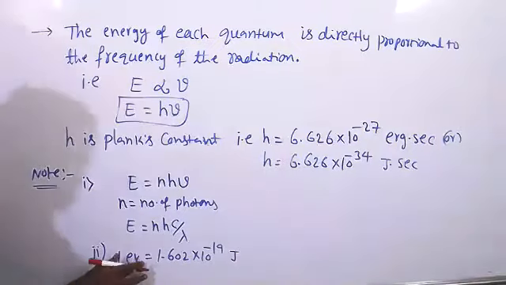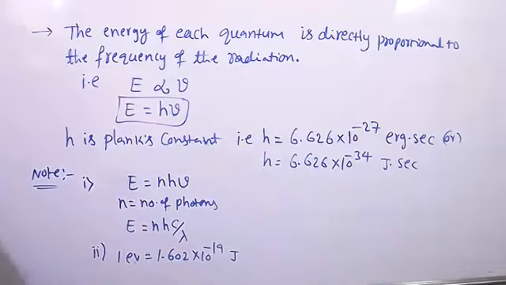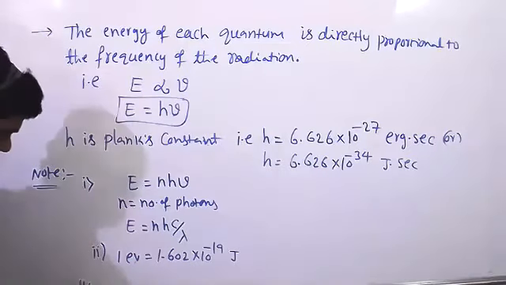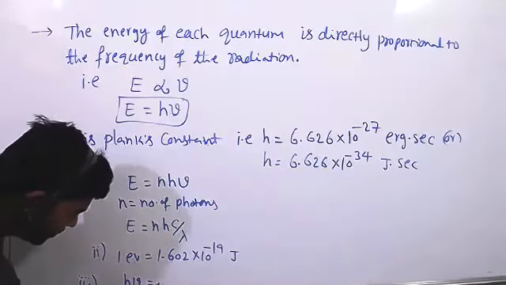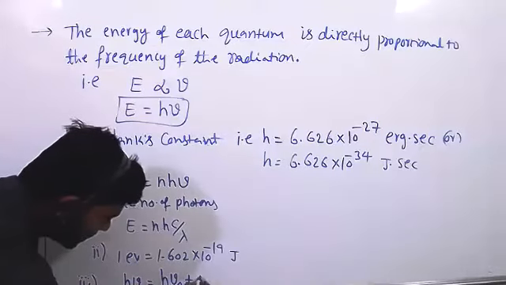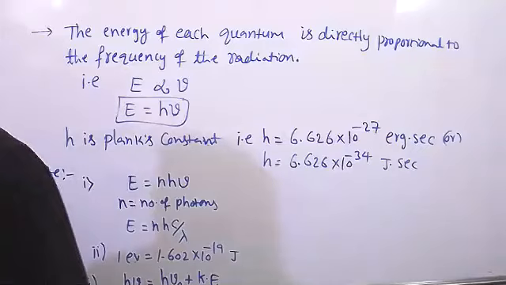Sometimes in problems 1 electron volt is given, meaning this much energy. Next formula, photoelectric effect: h nu is equal to work function h nu 0 plus kinetic energy. Note down these three formulas. Now we'll solve problems.